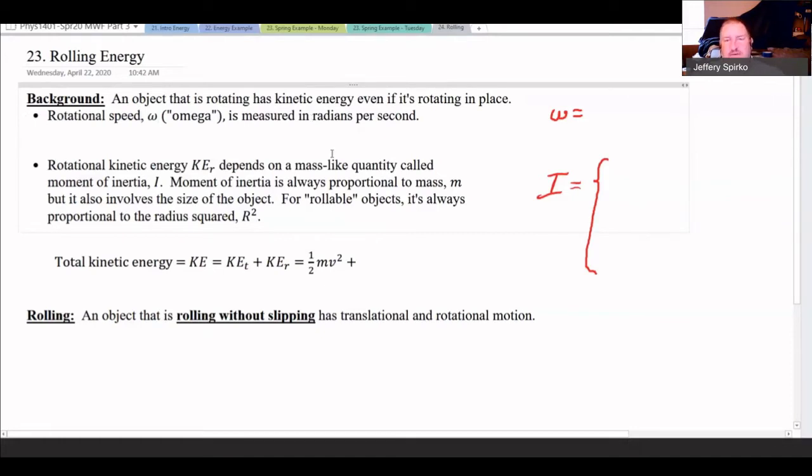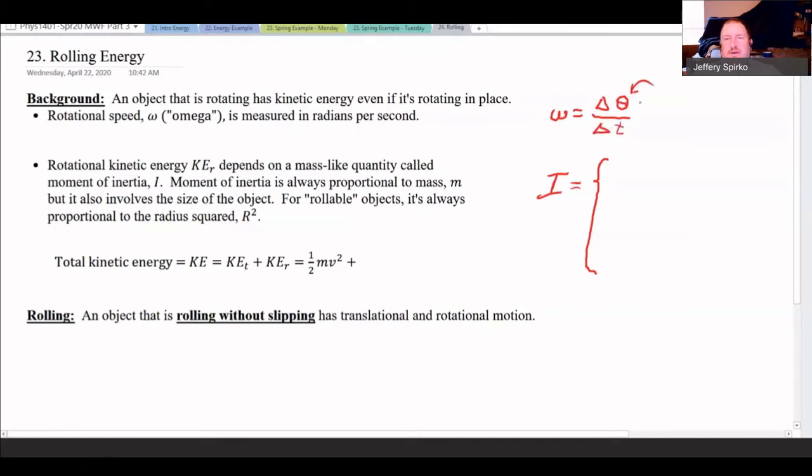The idea of omega is very similar to the idea of speed. Omega is just the change in angle, theta, versus the change in time.